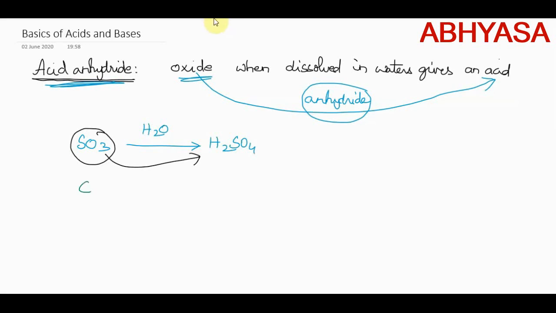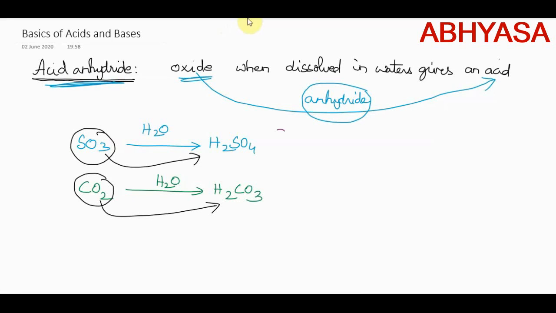If I take carbon dioxide, whenever dissolved in water, we get carbonic acid. That is the reason why this carbon dioxide becomes anhydride for carbonic acid.